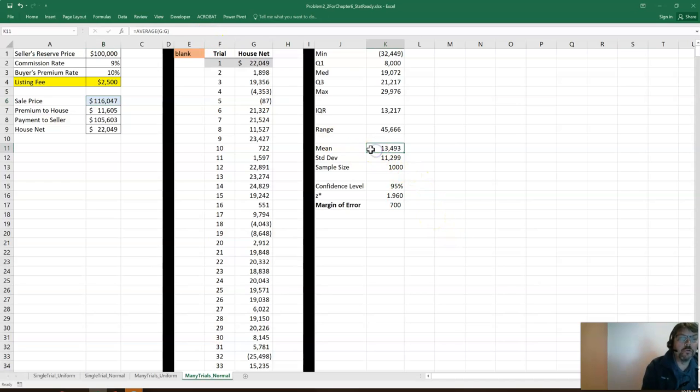If that's true, we can tell the auction house that if you do this process repeatedly, on average, you'll make about 13.5, and we're 95% confident that we're within 700 bucks on that average.